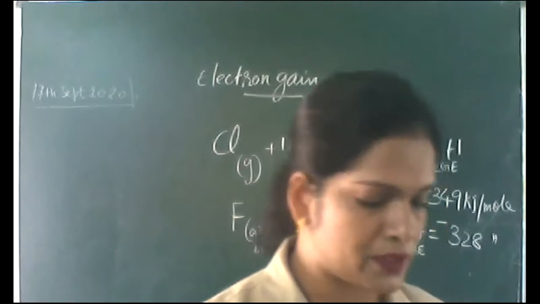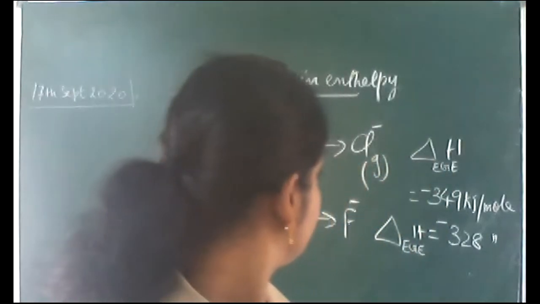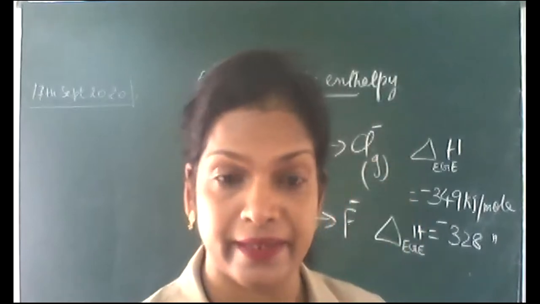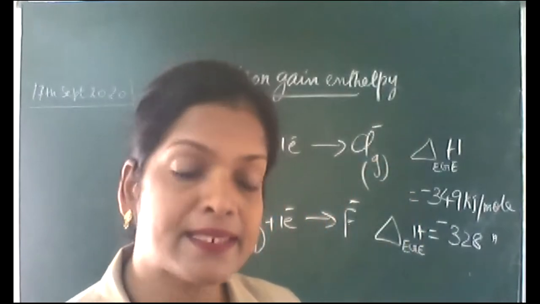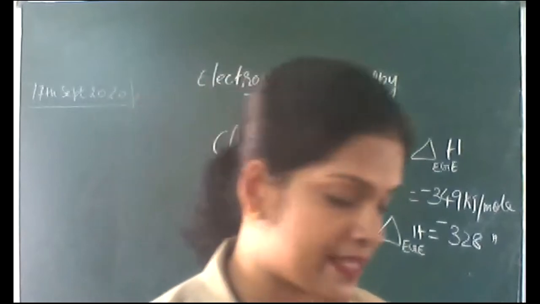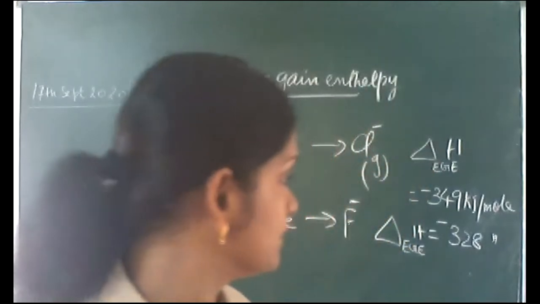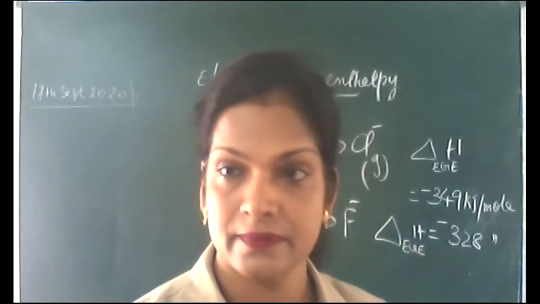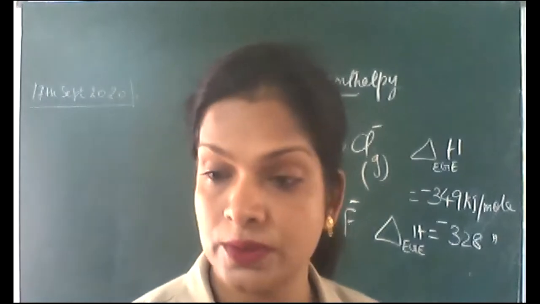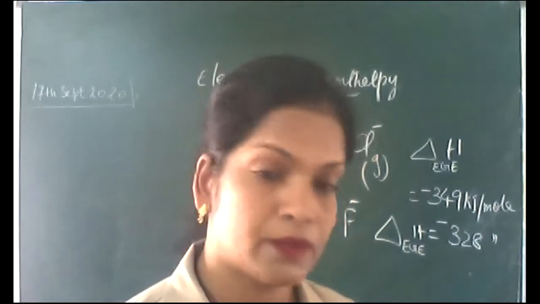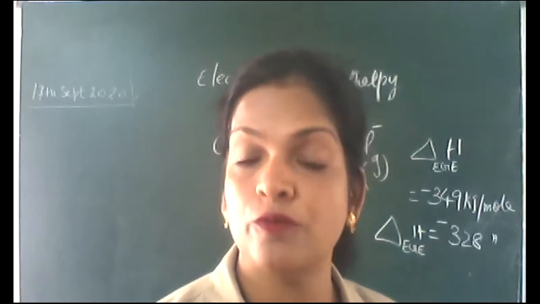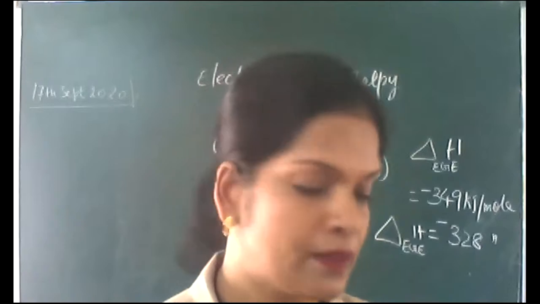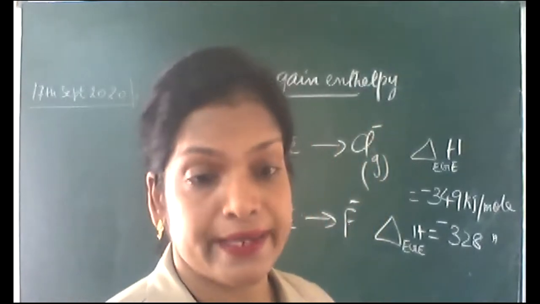Okay, write the reason. Write the question: Fluorine has less electron gain enthalpy with a negative sign than chlorine. Account. Answer: Due to the small size of fluorine, electron density is higher.